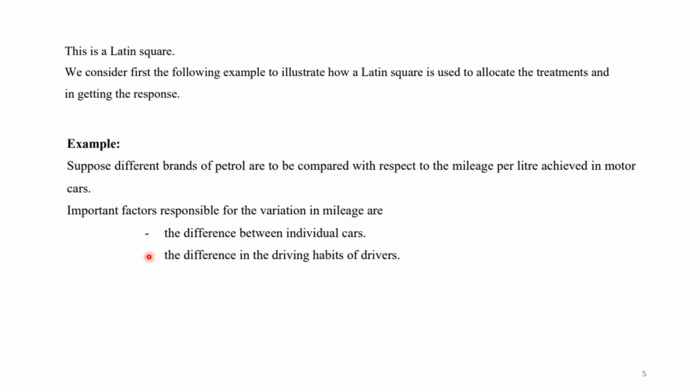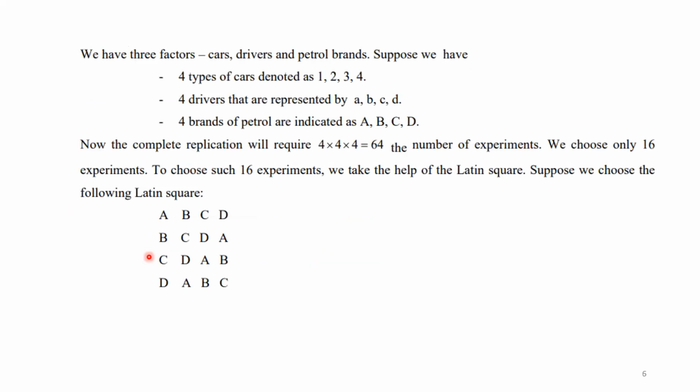The next point is the differences in driving habits of drivers. So they have considered these 2 things. Then what is their treatment? Their treatment is 4 different petrols. Then they have designed a Latin square design to sort out this problem.